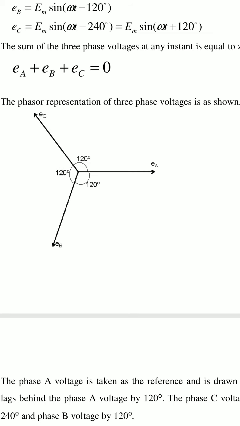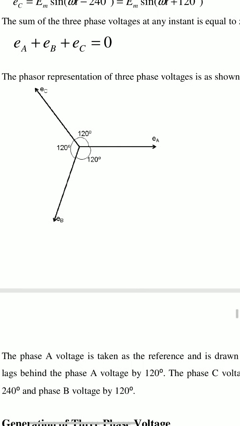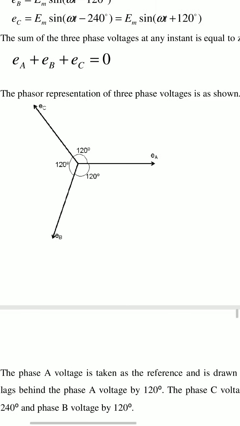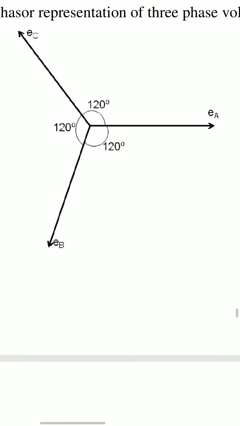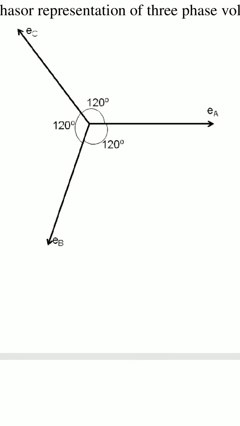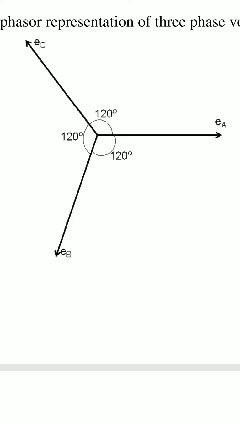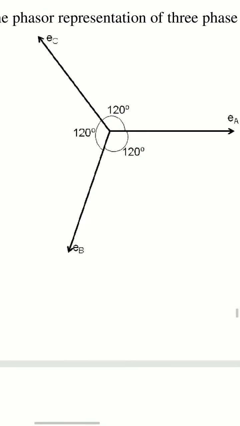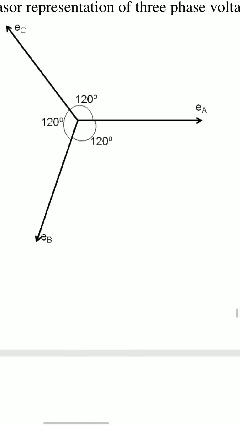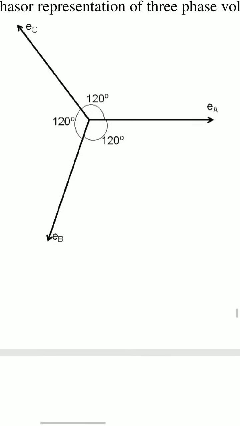The phasor representation of three phase voltages is shown here. This is the phasor representation: EA, EB and EC.